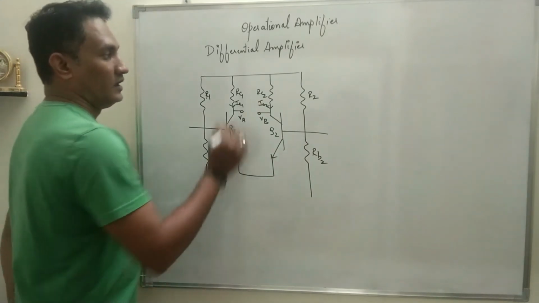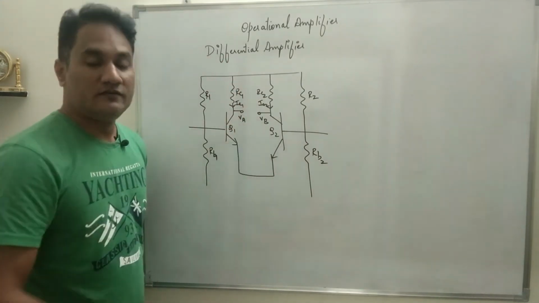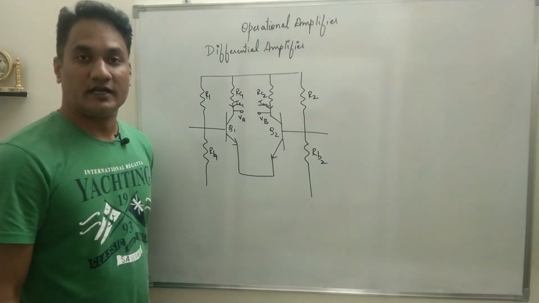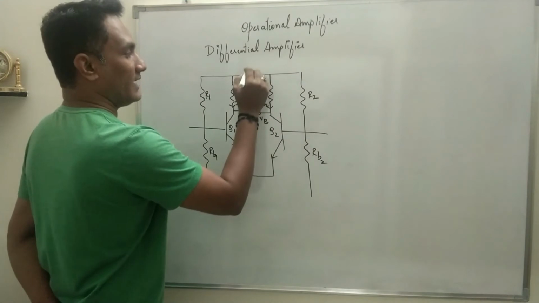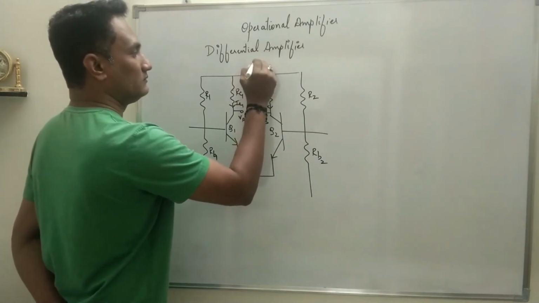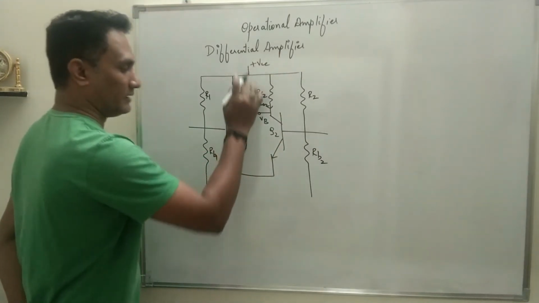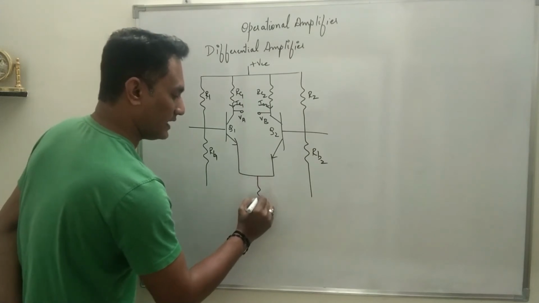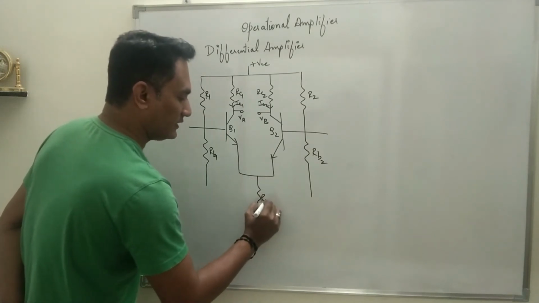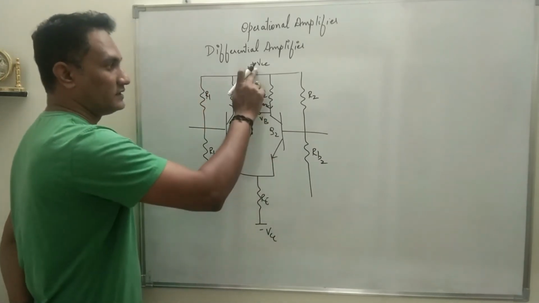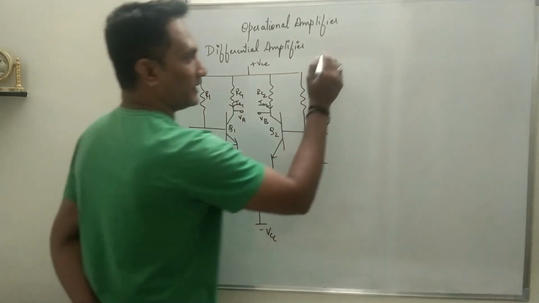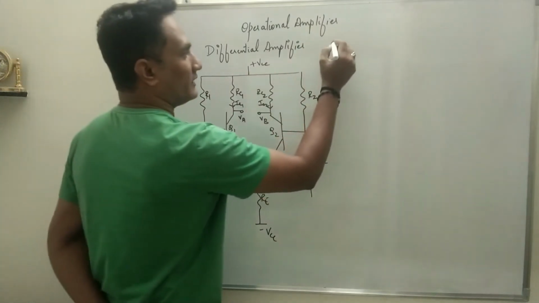Okay, now in all those previous circuits, RC coupled and direct coupled, we used only one power supply. In case of differential amplifier, we will be using two power supplies, plus VCC and minus VCC, a positive supply and a negative supply, and there is an emitter resistance RE. Okay, so I will draw it here.